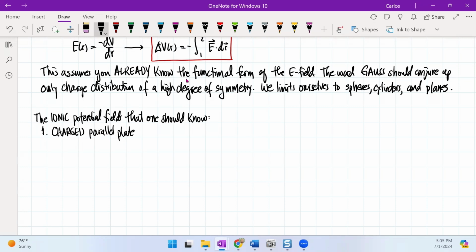And the other one here is that it has to be a point charge. We've already looked at that.